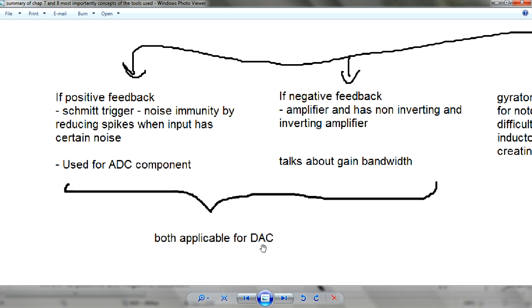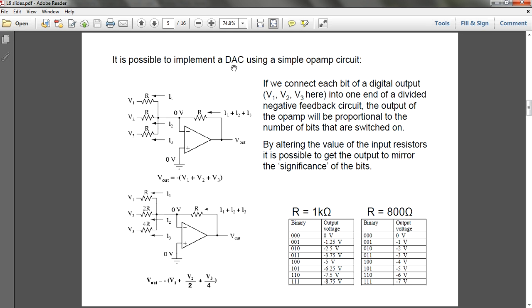As you can see, this is actually a DAC, a digital to analog converter with an op-amp. I think I explained it already, so you can watch that video. They are connected in parallel, and then you connect it into the inverting side, and you have an inverted output. Nonetheless, you can also connect it to the positive side.